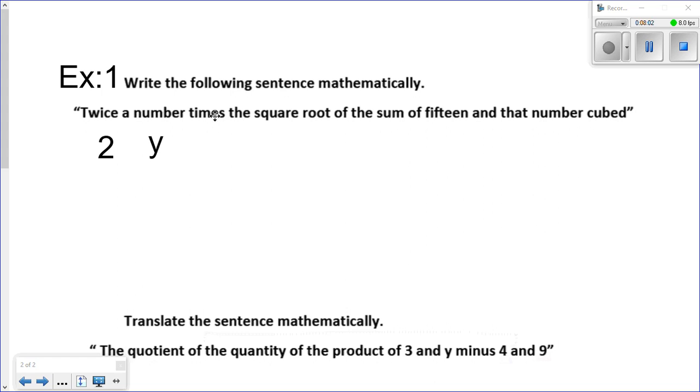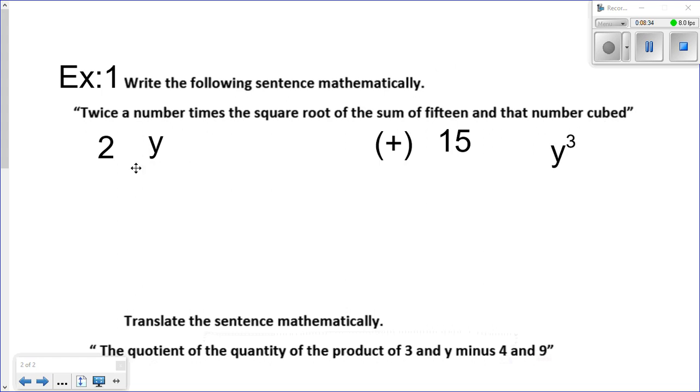Times means to multiply, which I didn't put there. The square root is the square root symbol. I don't know where my square root symbol is, but I'm going to do the square root of the sum. So that means I have to do the addition here, and whatever's following it, all that stuff's going to go under the square root. So, because that's going to give me the sum of 15, and that same number, y, cubed. Cubed means an exponent of 3.